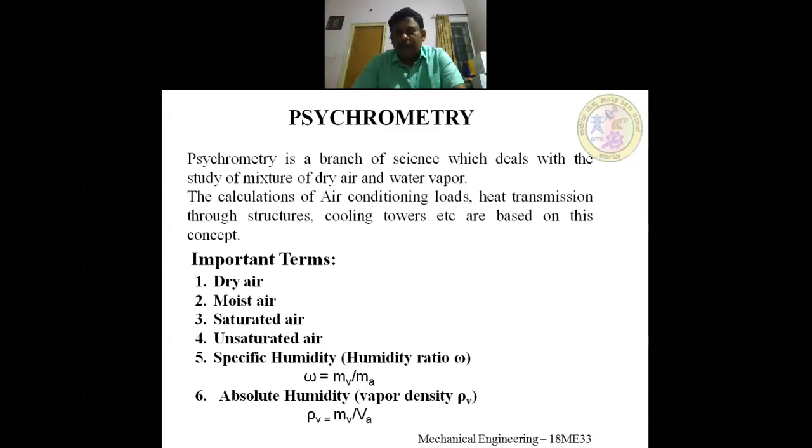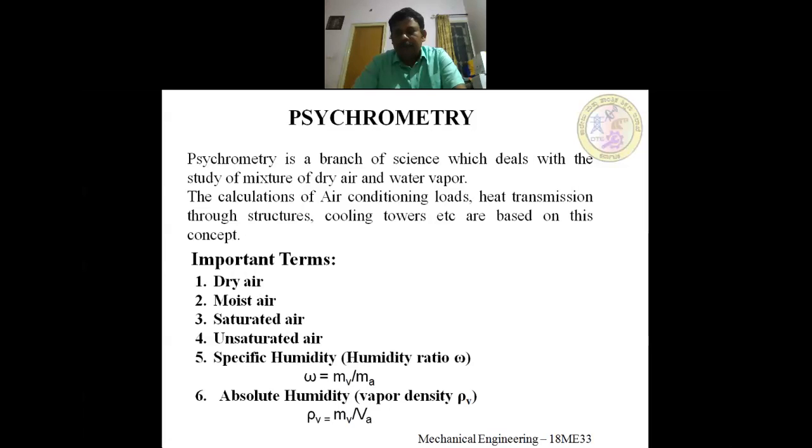You should know what the terms used in psychrometry are. First one, dry air. Dry air is air which does not contain any moisture or water vapor. For example, atmospheric air is a mixture of dry air and water vapor.